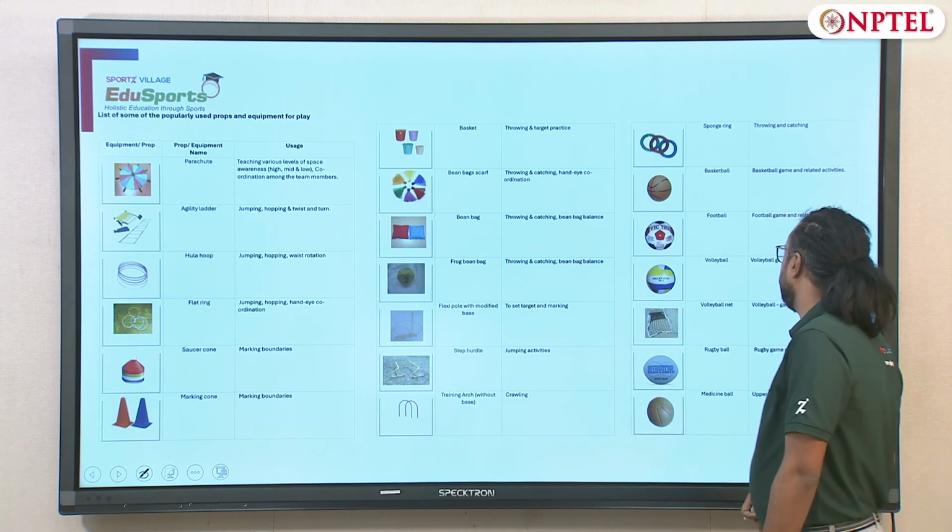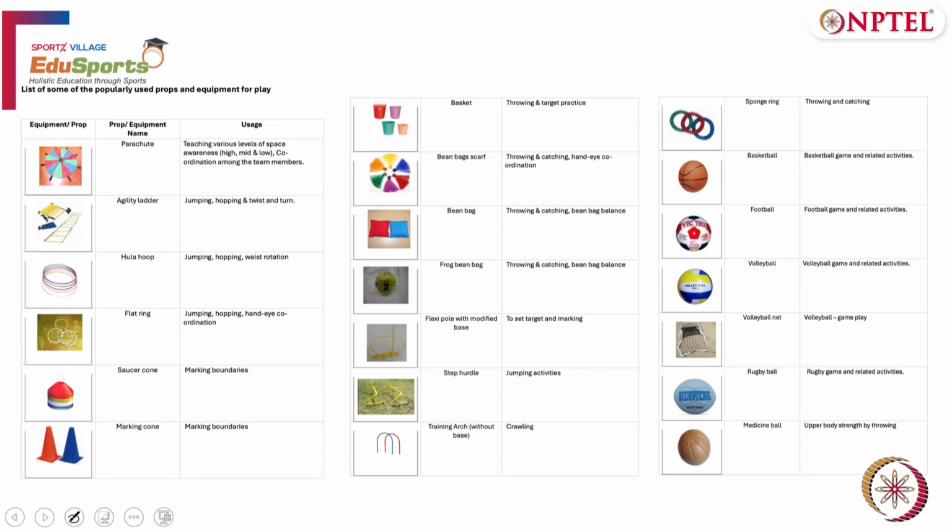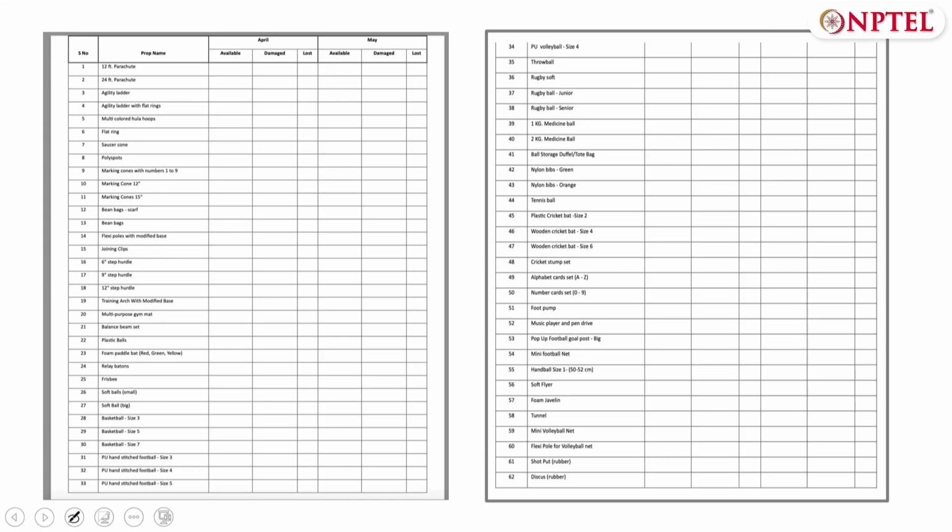And these are some of the popular sports props and equipment, like football, basketball, and all. So, like I mentioned, one must maintain a register, right? If you have 2 parachutes available today, and damaged is 1, you must always keep track of it.